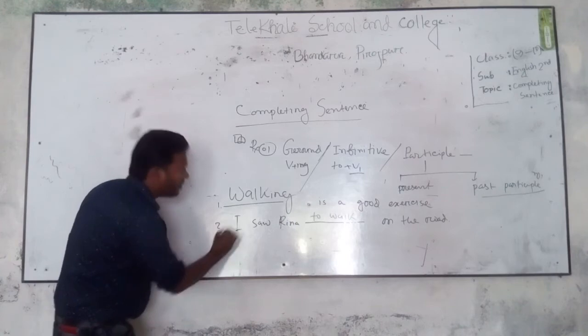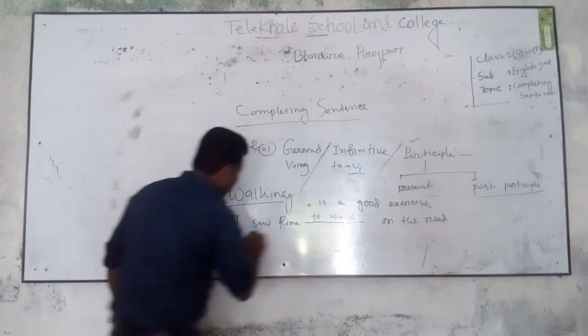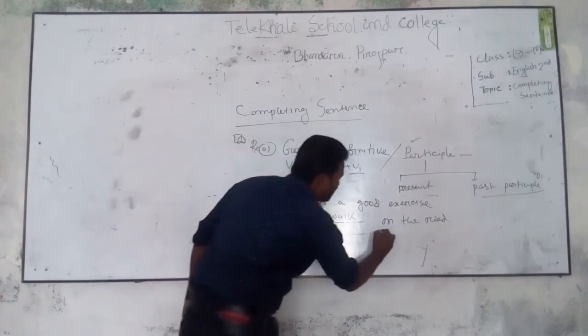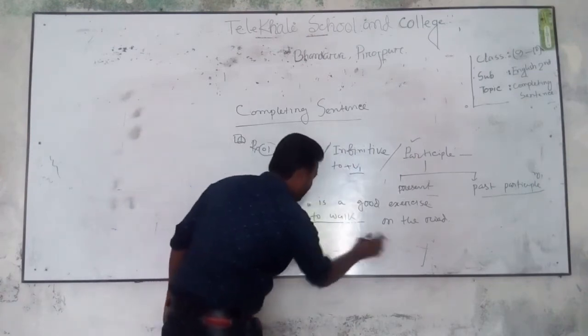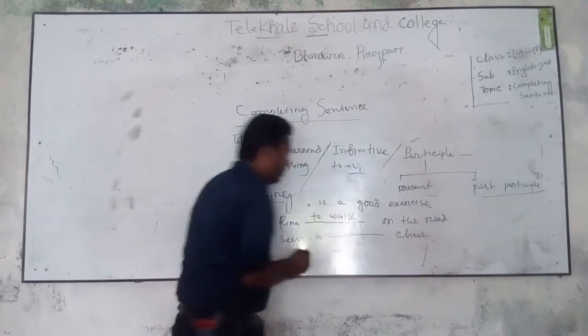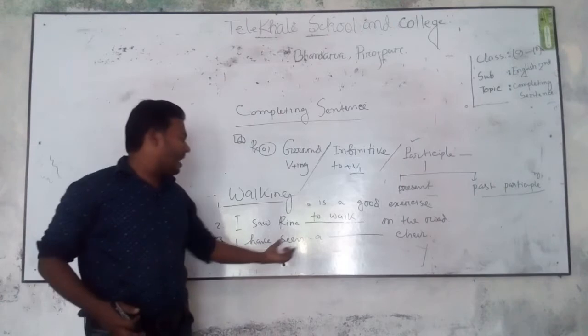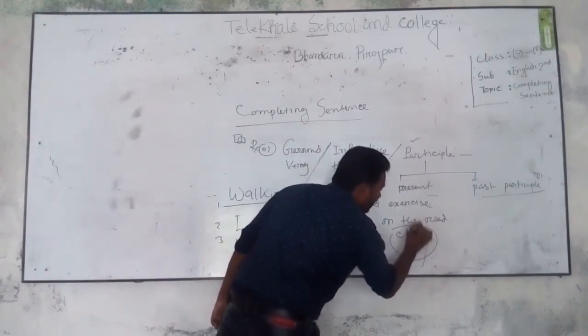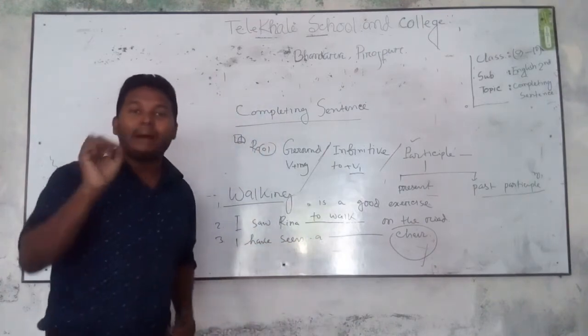And rule 3, participles. "I have seen a ___ chair." So, students, I have seen a chair, and there is a noun, so you can use your participle.